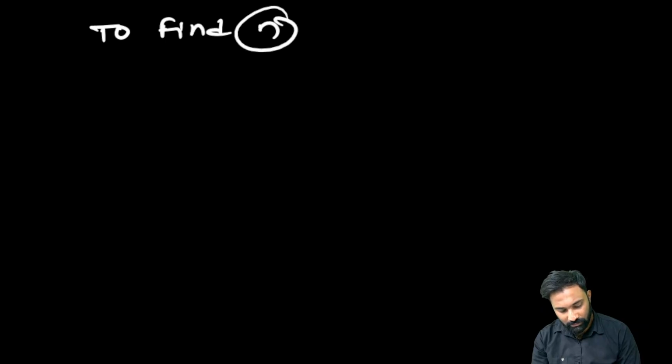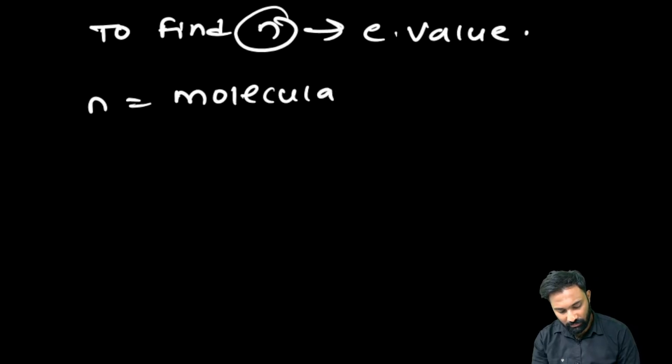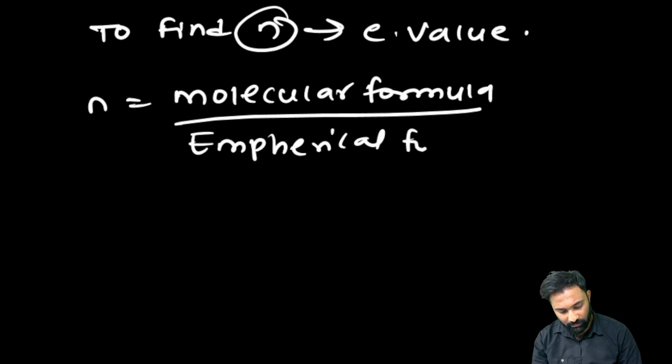Now how to find the N value? This is the empirical formula value. To find N, N is equal to molecular formula weight divided by empirical formula weight.